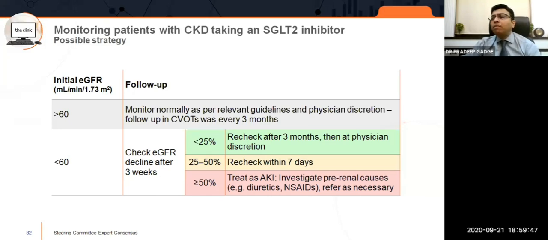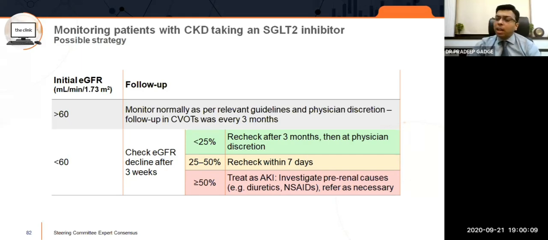And if it is more than 50%, then probably there could be an acute kidney injury, which can be present because of multiple causes. The patient must have taken NSAIDs. Most of my patients take NSAIDs on their own or go to a chemist. They have headache, they take various drugs like Anacin, Saridon and all, and then they land up in trouble.